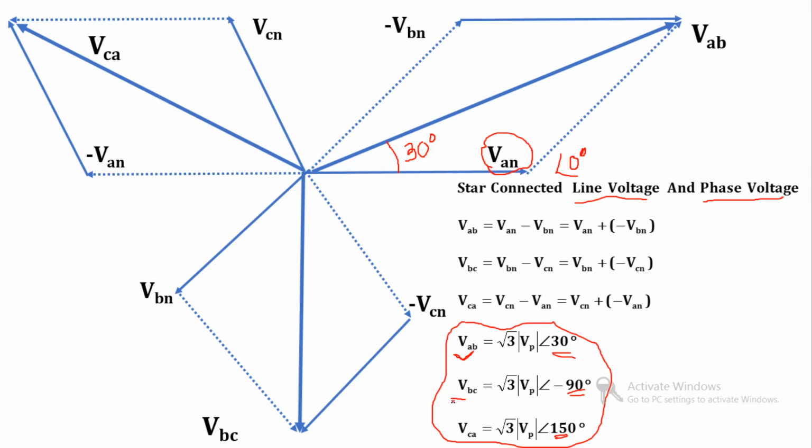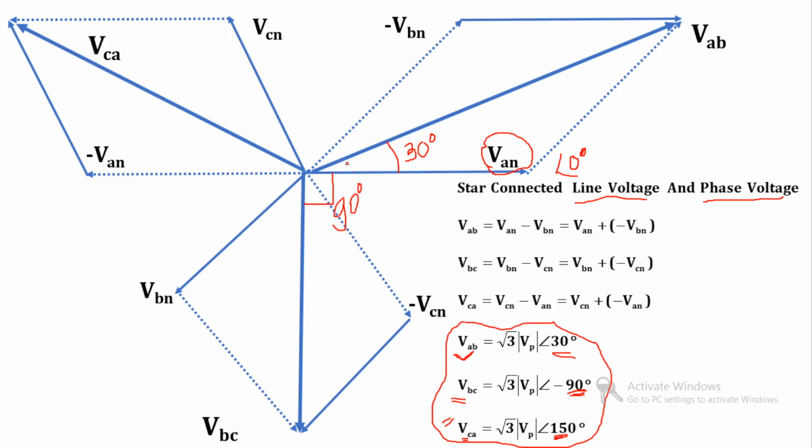Second equation shows that VBC is at an angle of minus 90 degree with respect to reference. So you can see that this angle looks like perfectly 90 degree with respect to 0 degree. And third equation shows that VCA is at an angle plus 150 degree with respect to 0 degree.